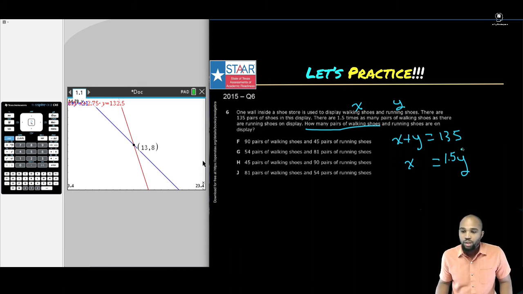But when you start to place points in here, it'll make sense, because let's say you had one running shoe. Well, now you're going to have 1.5 times 1 to get your 1.5 walking shoes. So if you place points in here, you'll start to see that it makes more sense to put the 1.5 on that number.